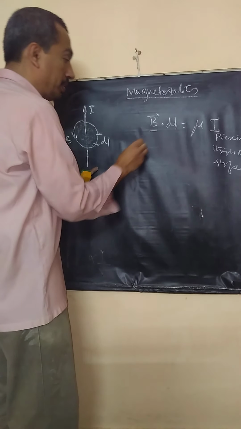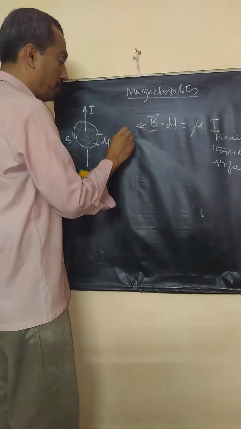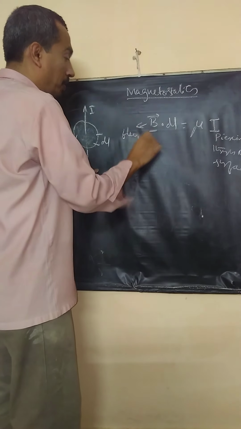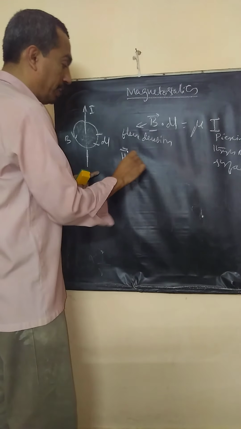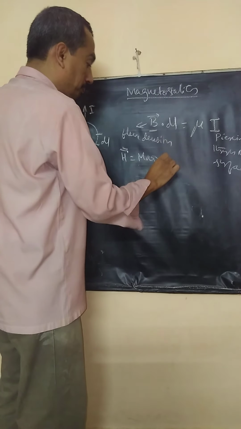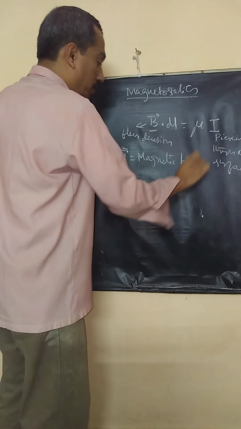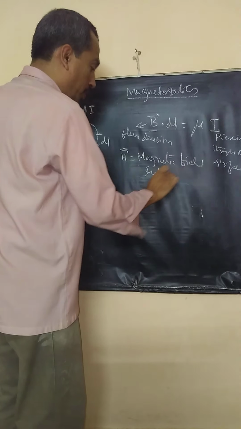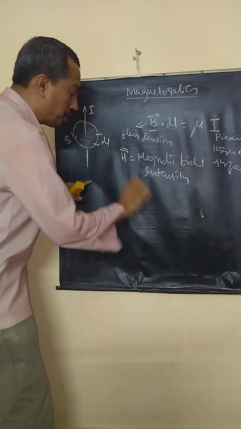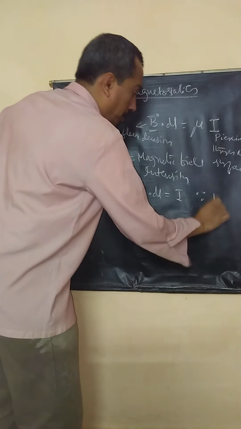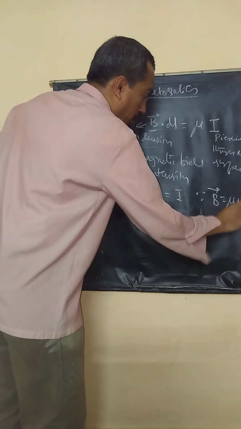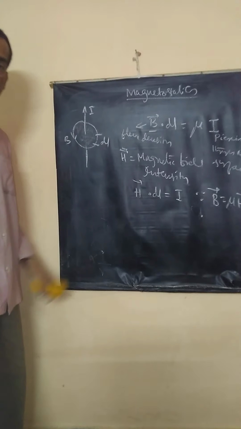Suppose this is the magnetic flux density, and you want to represent it through H, the magnetic field intensity. How do you write it? H dot dl is equal to I, because B is equal to mu into H, correct?